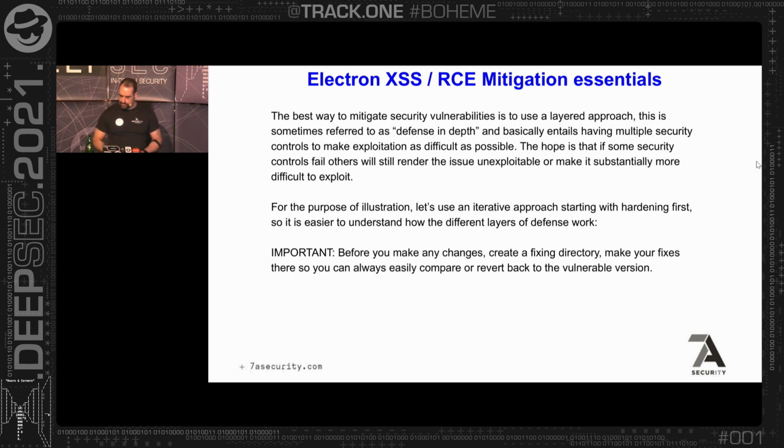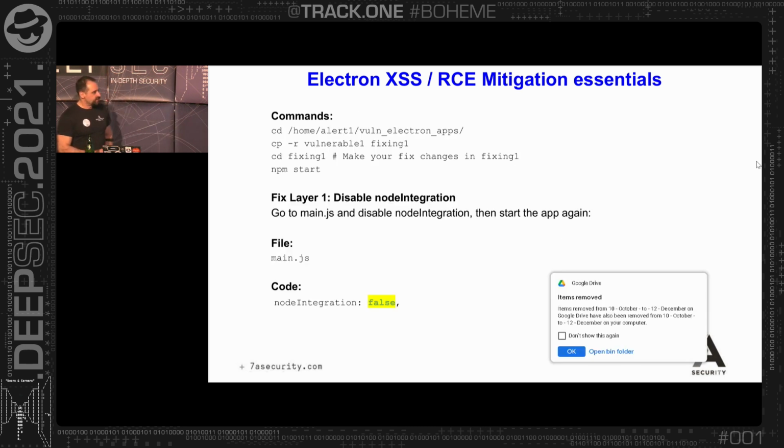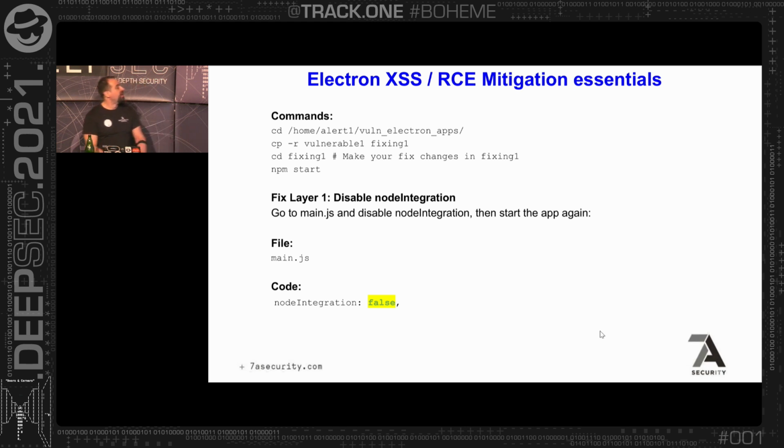So how to mitigate this? In case we have any developers in the room, or any competent pen testers willing to provide meaningful mitigation to their clients, you should first view security always as layers.